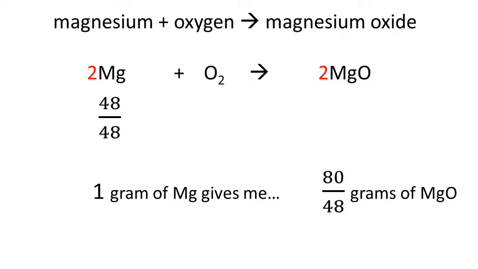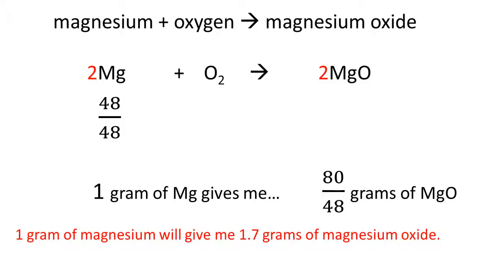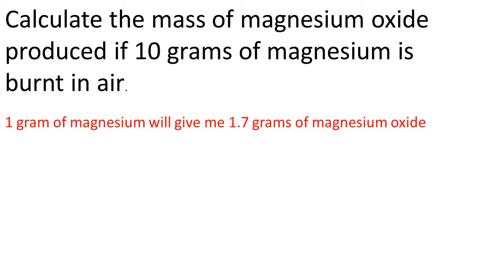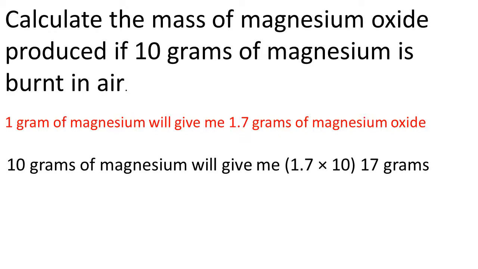And what this tells me is that 1 gram of magnesium will give me 80 divided by 48 grams of magnesium oxide. So 1 gram of magnesium will give me 1.7 grams of magnesium oxide. Now the question didn't ask me what 1 gram would give me, it asked me what 10 grams would give me. So I multiply the answer by 10, and that gives me 17 grams.